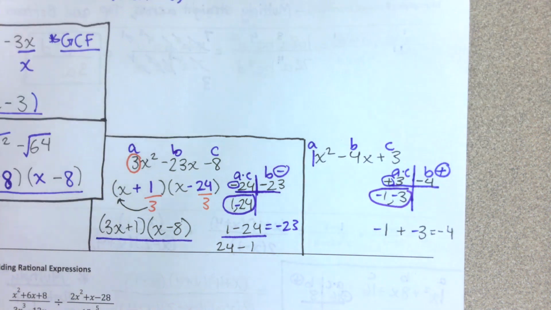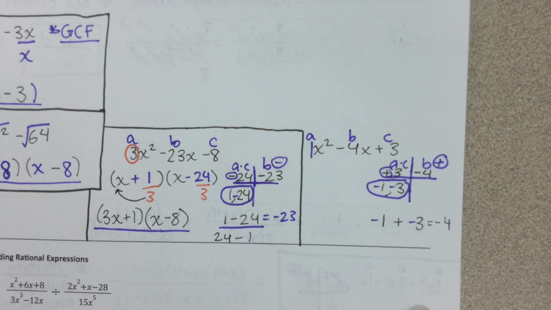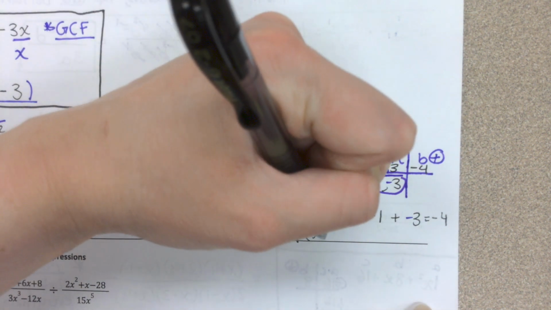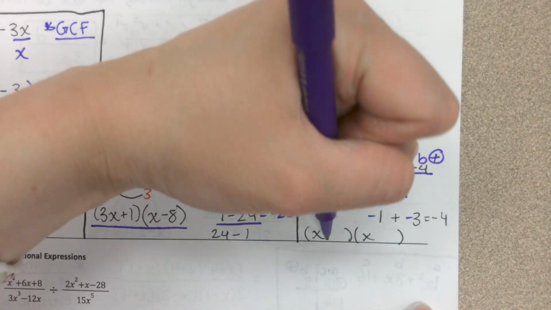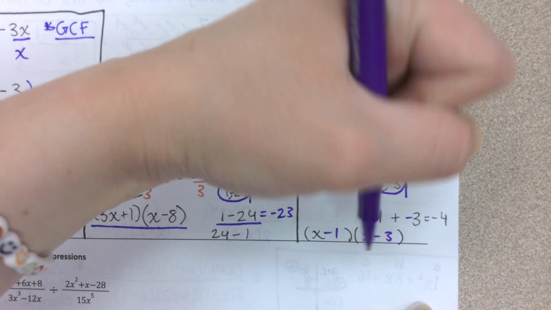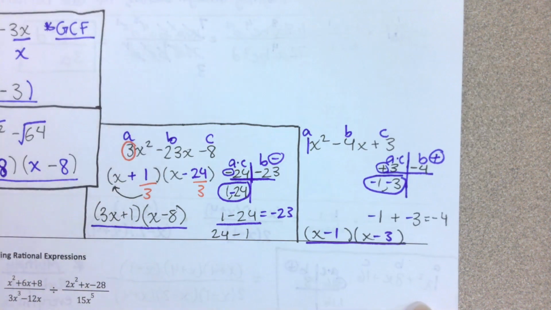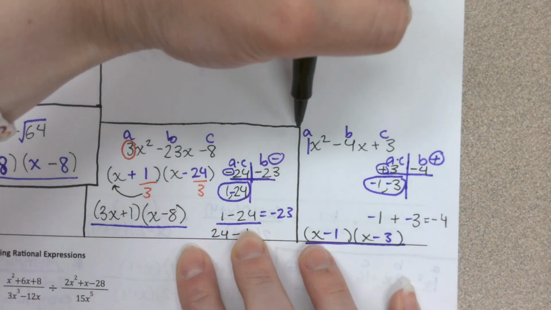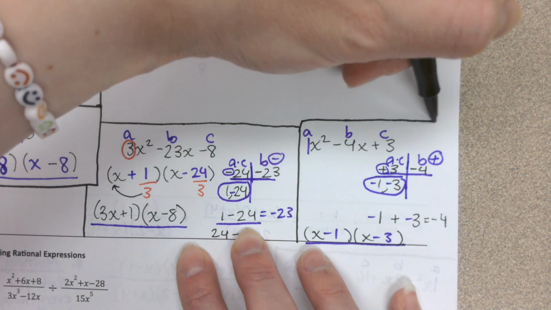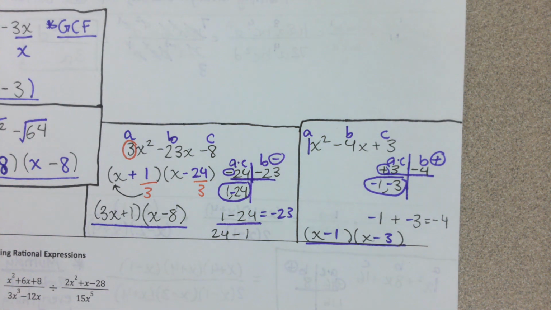These are my factors. So I end up with x minus 1, x minus 3. And that will go on the bottom of the last fraction.